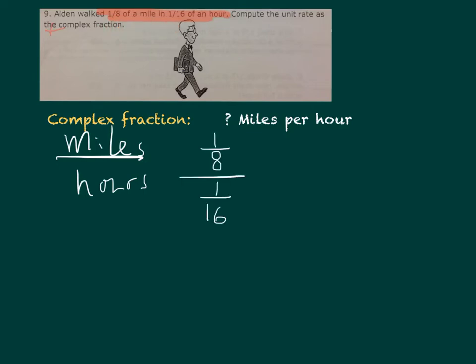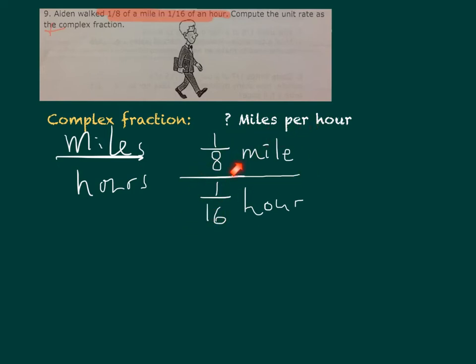And let's also put the units in. 1/8 is your mile, so I put mile here. And then 1/16 is hour. Okay, so the units are also part of this fraction. And then the next step is you would usually just do 1/8 divided by 1/16 to figure out the miles per hour.